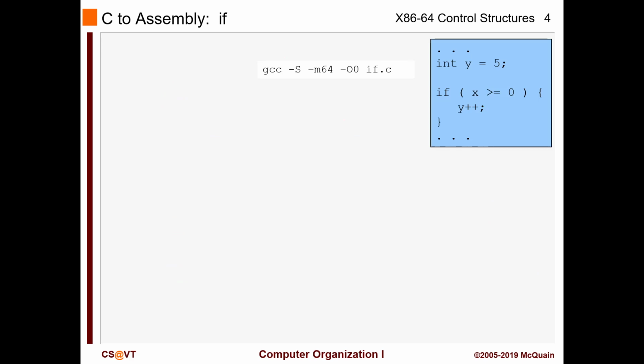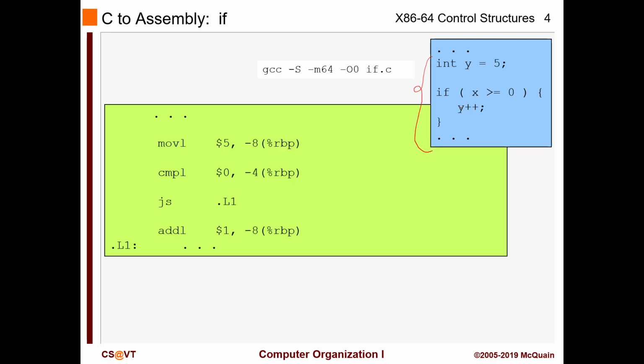Okay, so let's assume we have a C code like this: int y equal to 5, if x is greater than or equal to 0, y plus plus. If we turn it into assembly by running this command, we get this part of assembly.